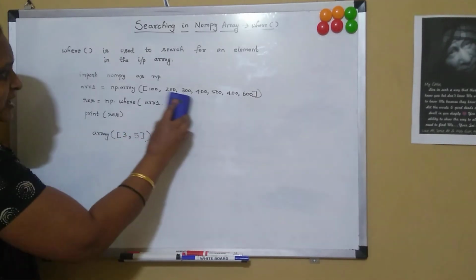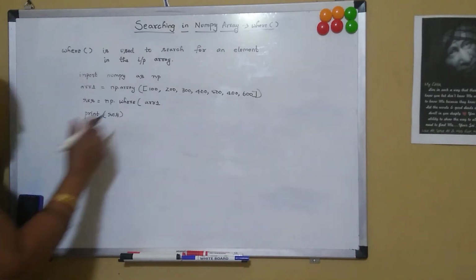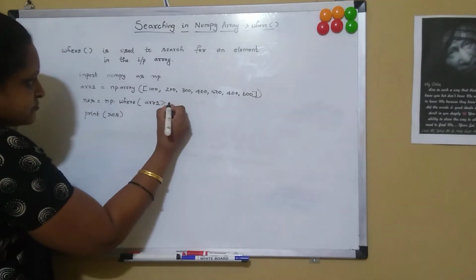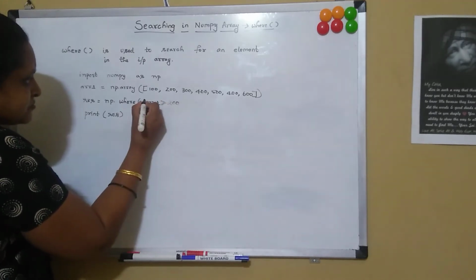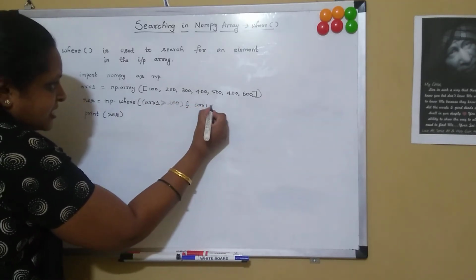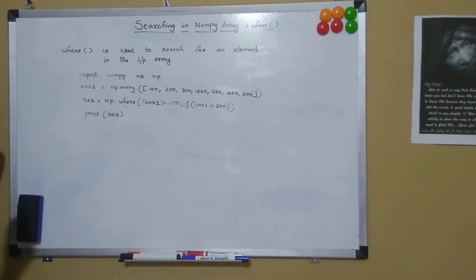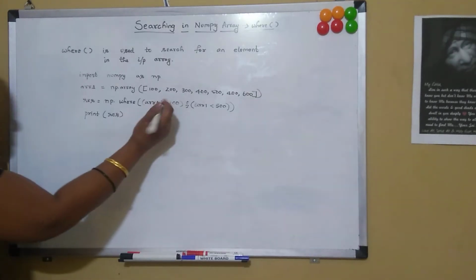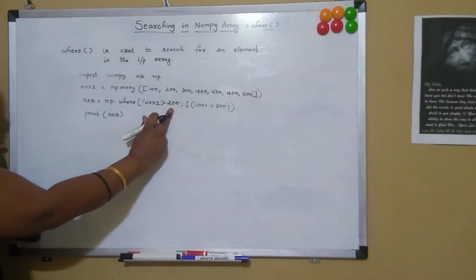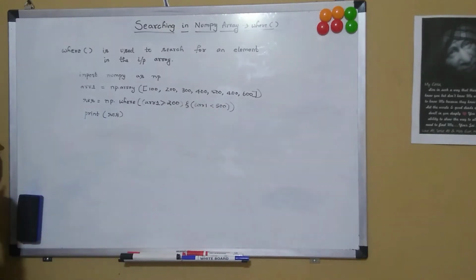Now if we give multiple conditions, let me give array1 greater than 200 and array1 less than 500. So I am giving multiple conditions, checking for two conditions, where the array1 element is greater than 200 and less than 500.